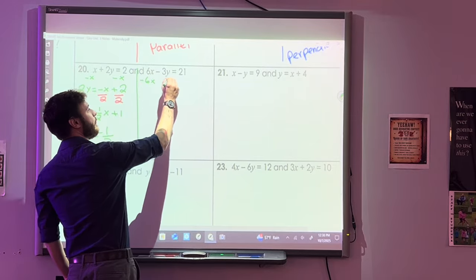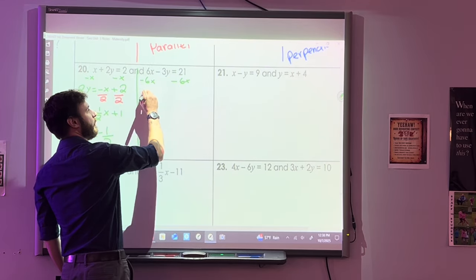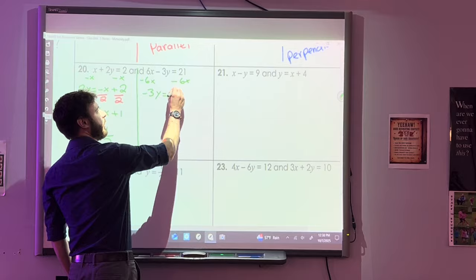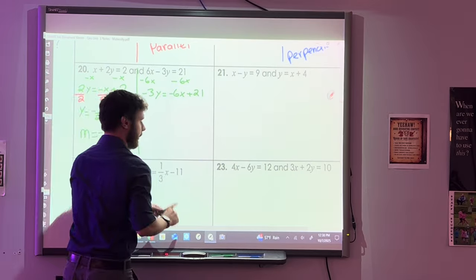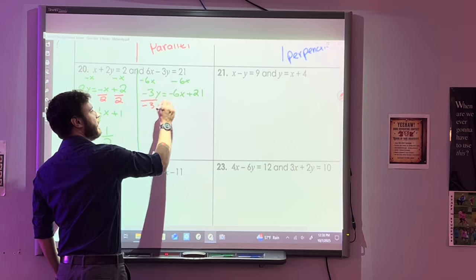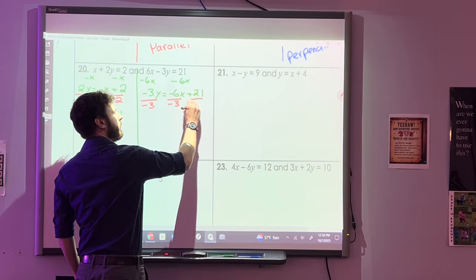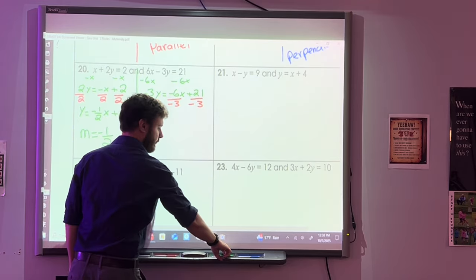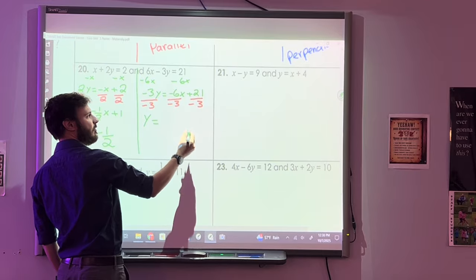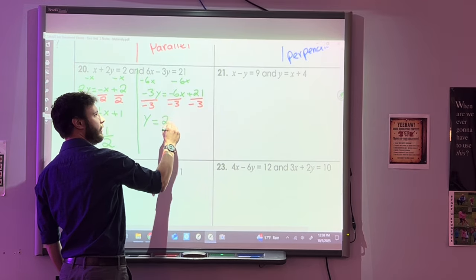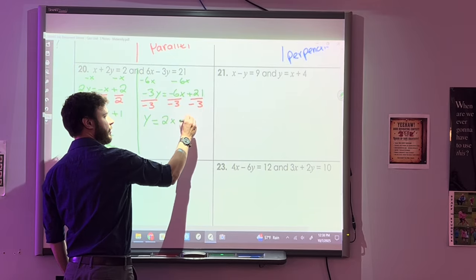Move the x. Negative 3y equals negative 6x plus 21. Divide by negative 3. Y equals negative, divide by negative makes positive 2x minus 7.